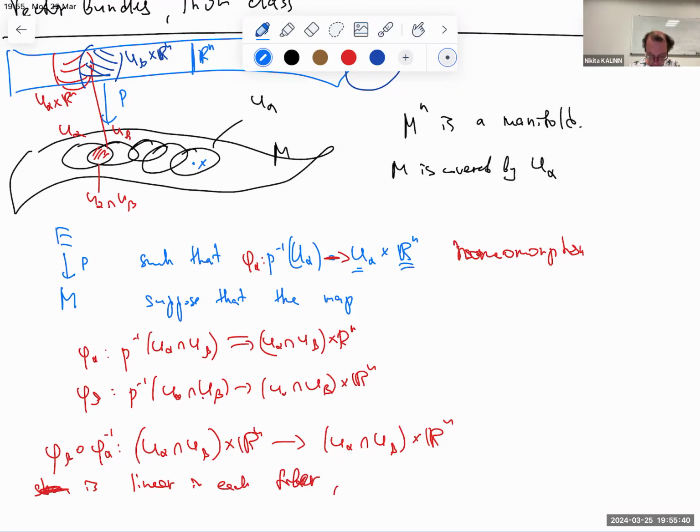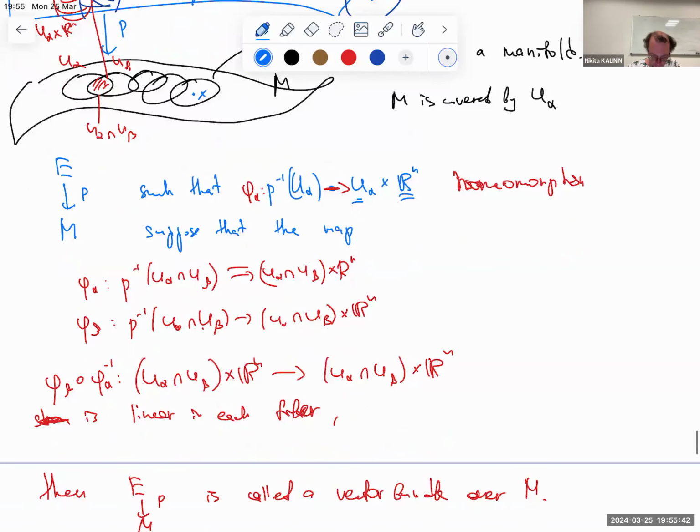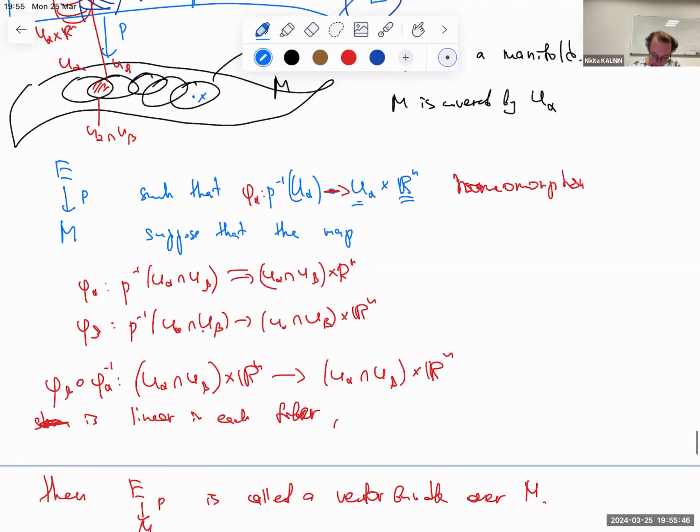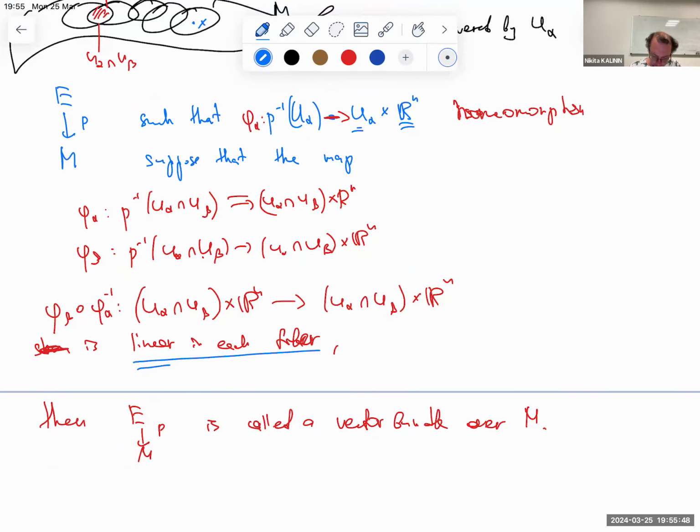But that's not all. We also require that when we change the coordinates, when you go from one chart to another, this map is linear in each fiber. And then this map is called a vector bundle. So, what does it mean linear on each fiber? Actually, here it means that there is a map which we denote by, let's say, G alpha beta.